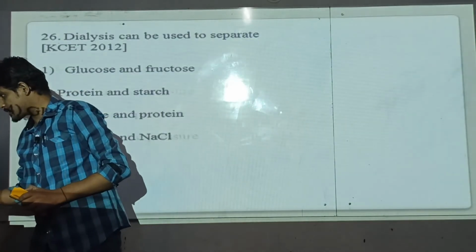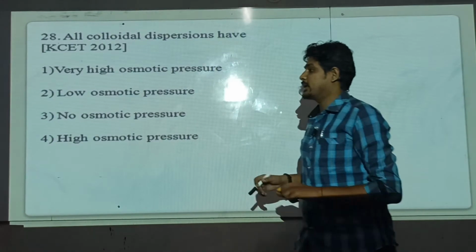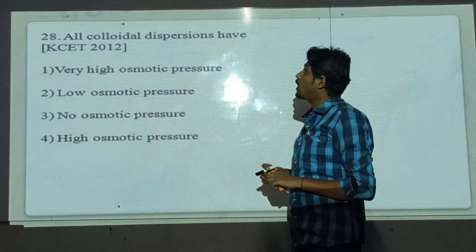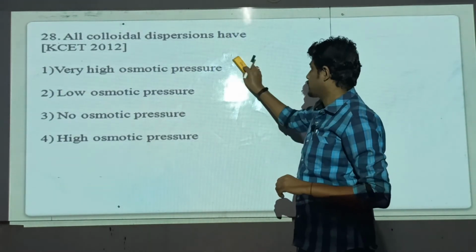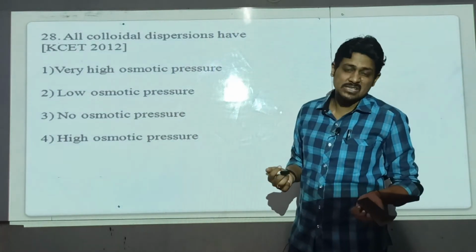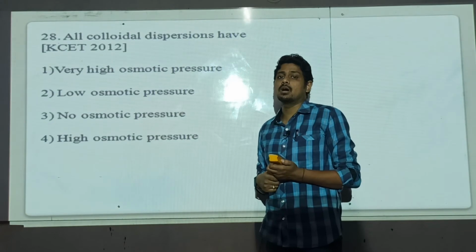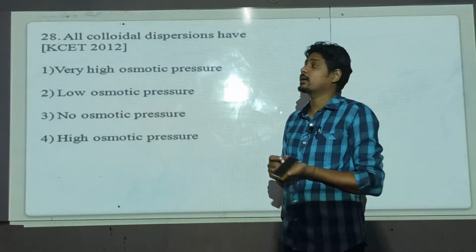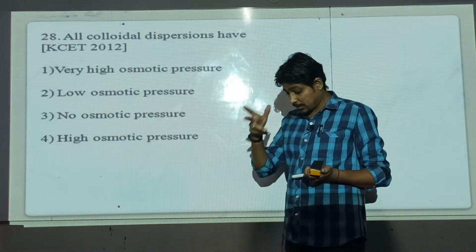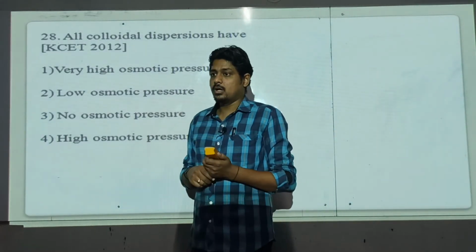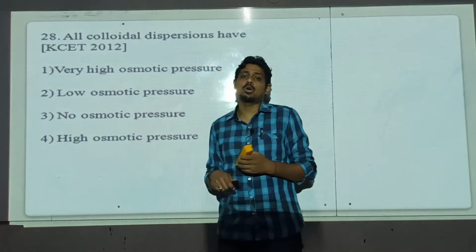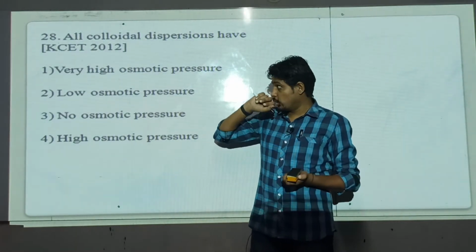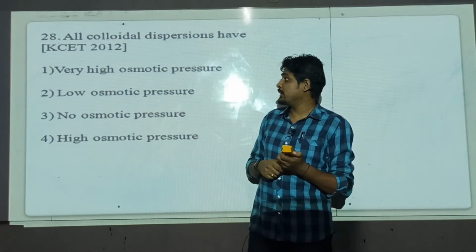Okay, the next question, the 28th question, is saying that all colloidal dispersions have, means in a colloidal solution, what is the osmotic pressure of the dispersion medium? See, in osmotic pressure, as we know, when you add a solute to the solvent, what will happen? Vapor pressure is reduced. Therefore osmotic pressure will be lowered.